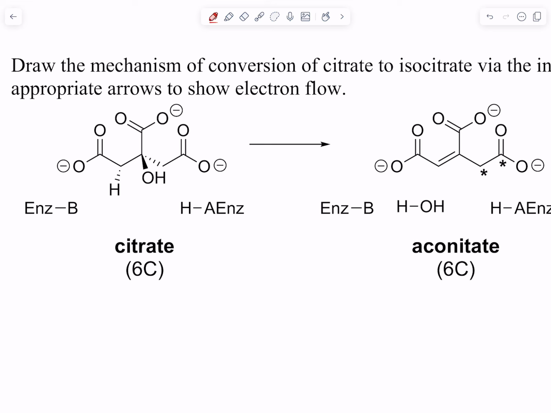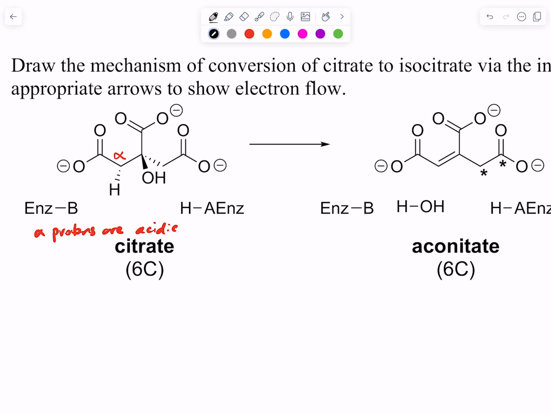A clue would be to recognize that that proton is an alpha proton, and to remember that alpha protons are acidic. So if you're ever struggling with how to get started and you notice you've got an alpha proton there, just be thinking of that as one of the tools in your toolbox.